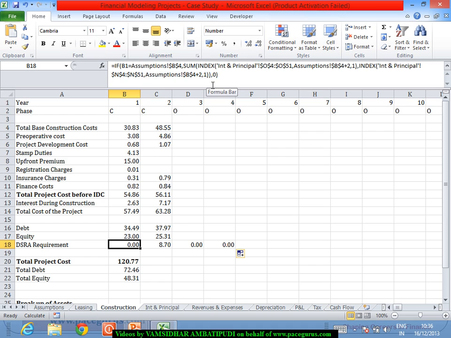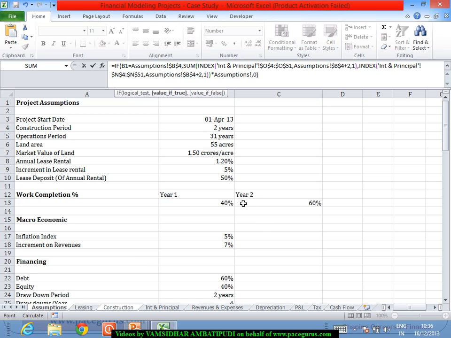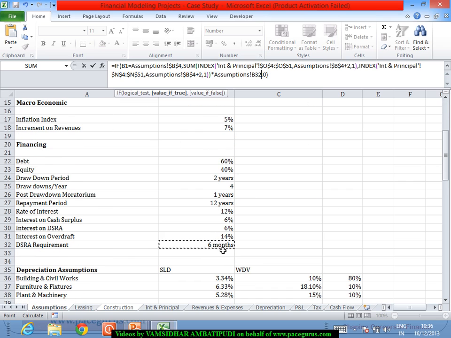So from whatever is coming out, the summation of all these things, whatever we have done, I can very well multiply it by the assumption, whatever is the DSRA requirement period. This is the DSRA requirement period divided by 12.